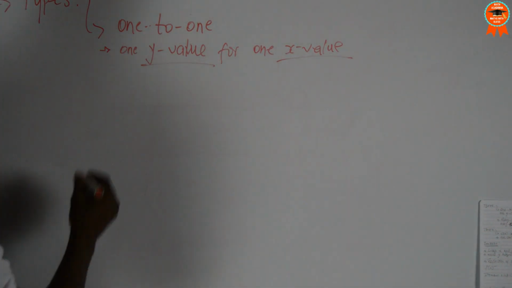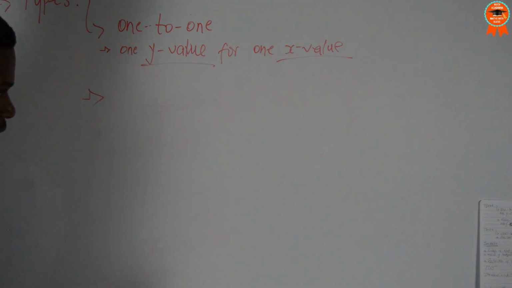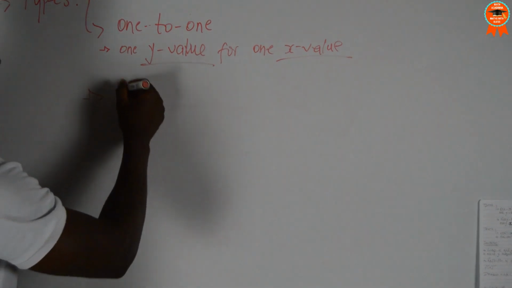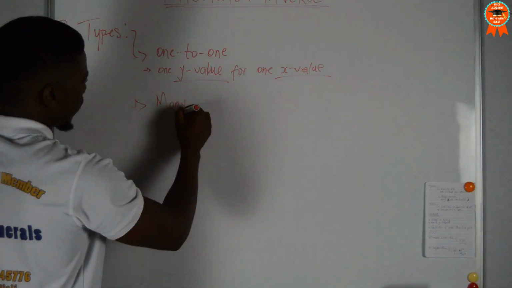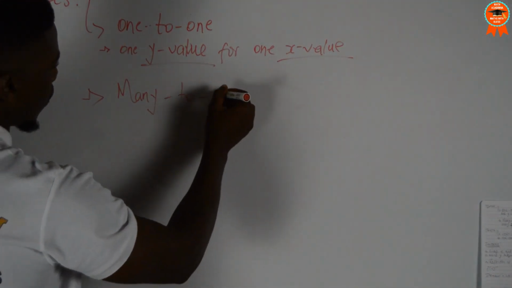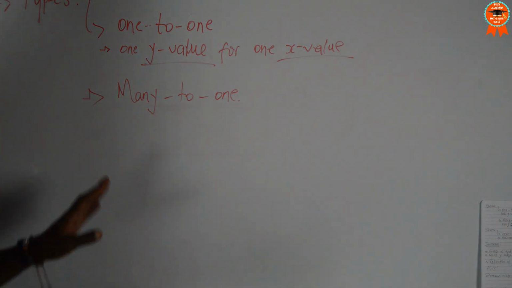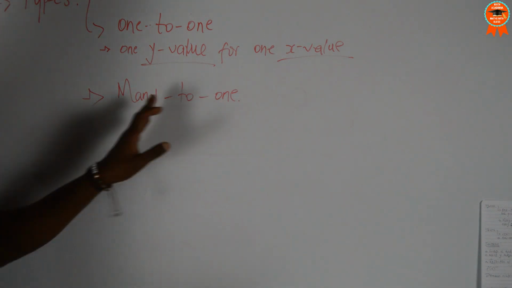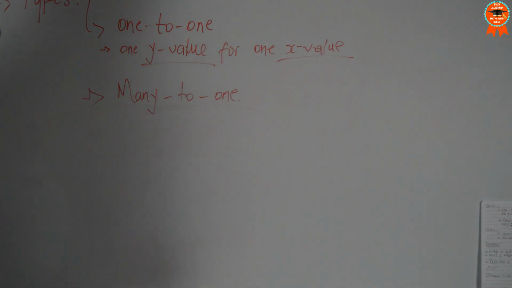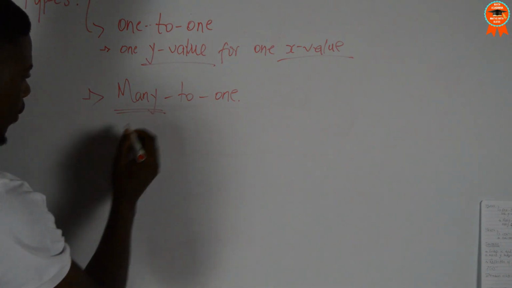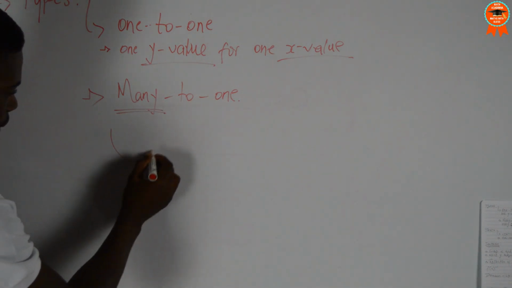And then from there we can have another function which is a many-to-one function. The example of a many-to-one function is the parabola. So which one between the x and the y can be many? The y value is constant.